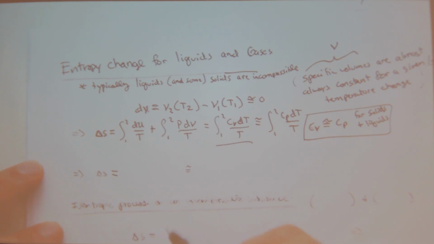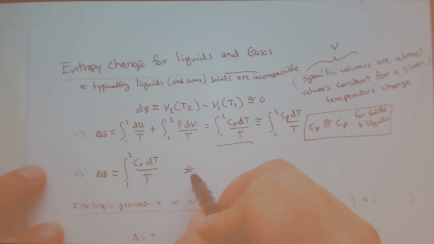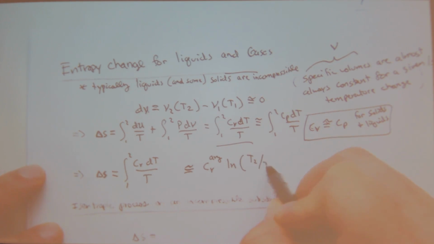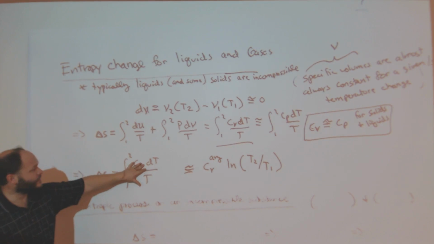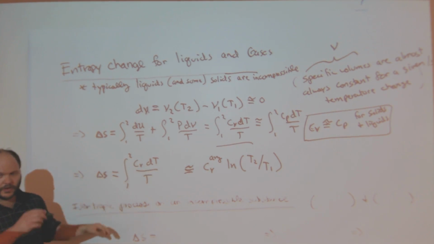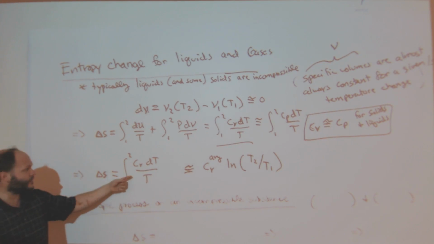So let's just look at this piece here. Is that average? Yeah. So we already talked about how CV is pretty constant for a small temperature change.